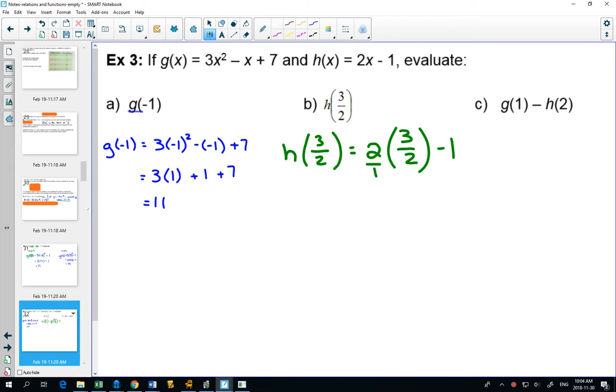I also want you to notice that if you were multiplying 3 times 2 and then dividing by 2 afterwards, does it make sense that these 2's will just simplify away? 2 divided by 2 is 1. You could do that first, and then that just becomes 3 minus 1, so the final answer for this one would be 2.